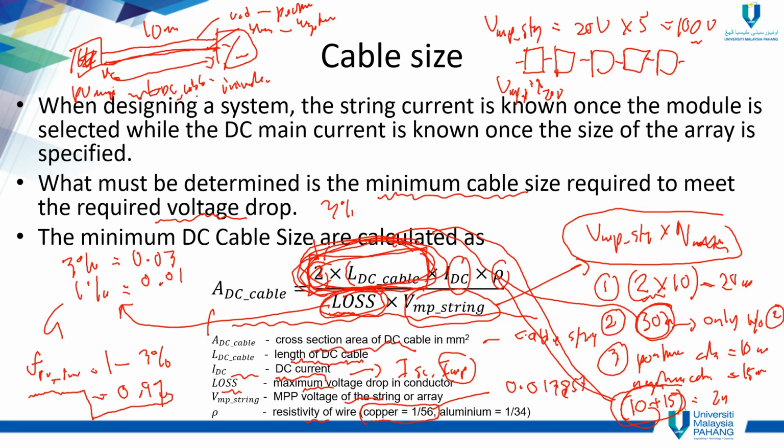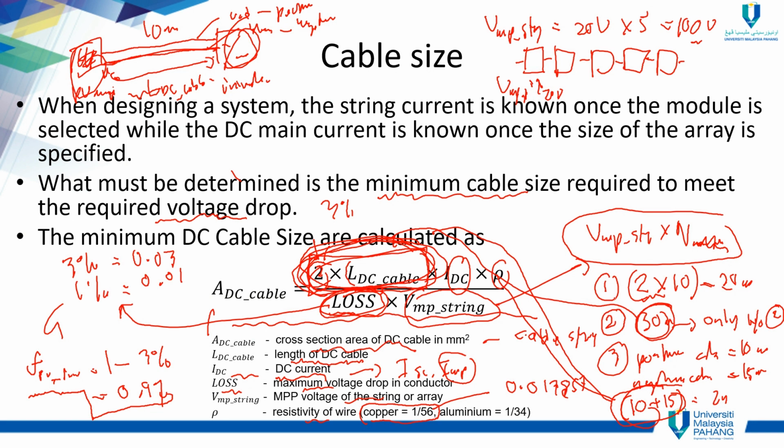They don't say the cable is slightly longer or not. They just say the distance between these two equipment is 10 meters. So means that 2 multiplied with 10 meters automatically. We assume that the plus and the negative cable are in the same length. That's why we 2 multiplied with 10 only.